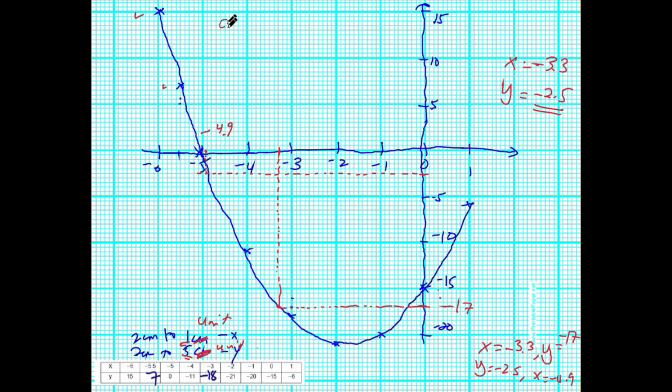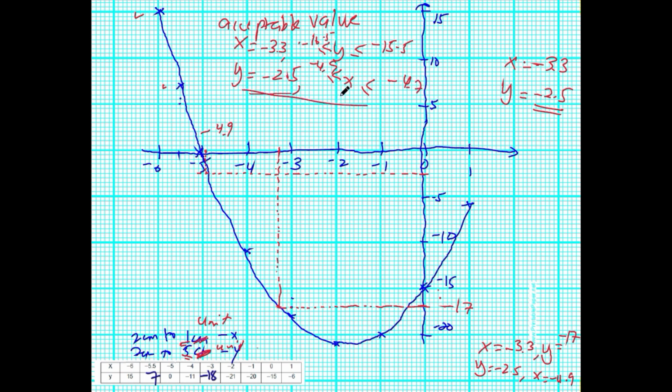So the acceptable value: x is equal to negative 3.3, y should be negative 16.5 up to negative 15.5, and y is equal to negative 2.5, x is equal to negative 4.9 to negative 4.7.